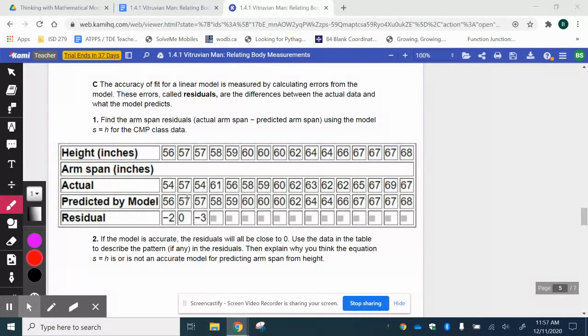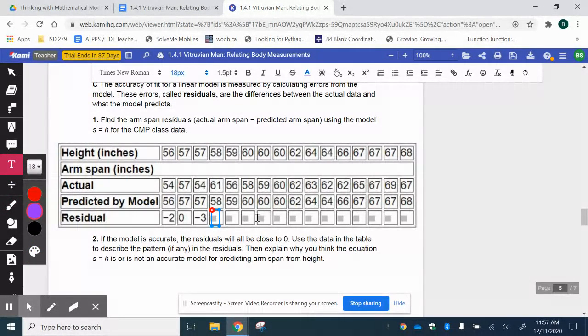The predicted was 57, so they got 0. 57 minus 57 is 0. Same thing with 54 minus 57, we get -3. Then in the next one, it'd be 61, the actual, minus 58, which is predicted. So I know that 61 minus 58 is a +3.